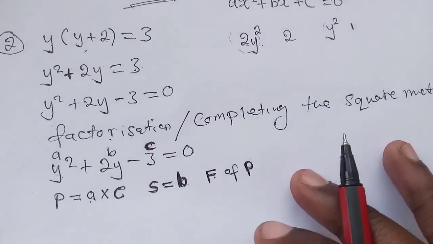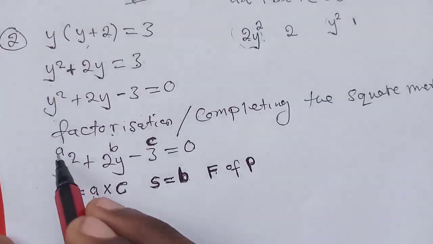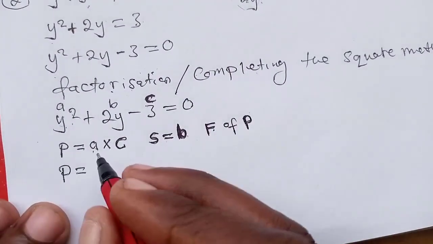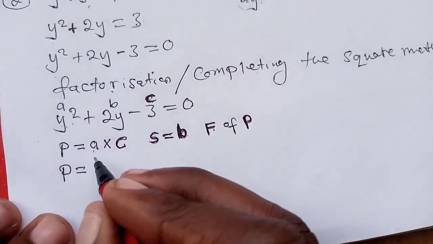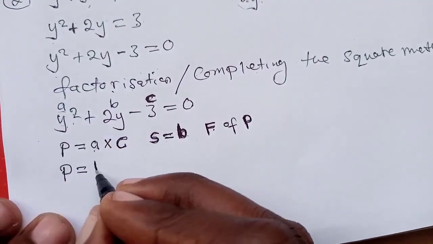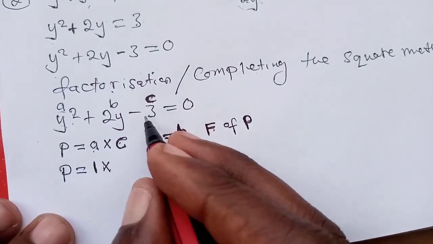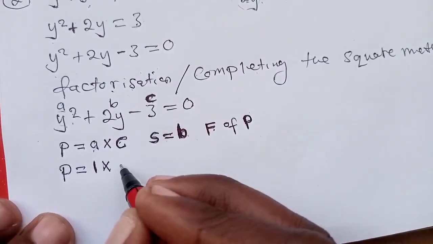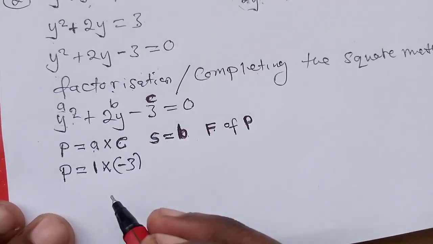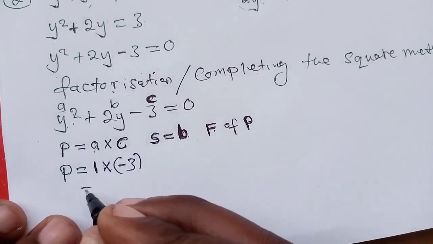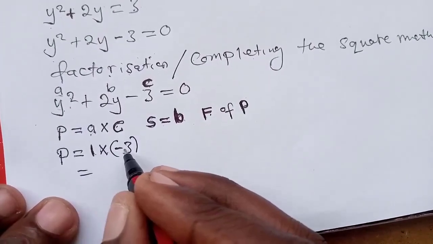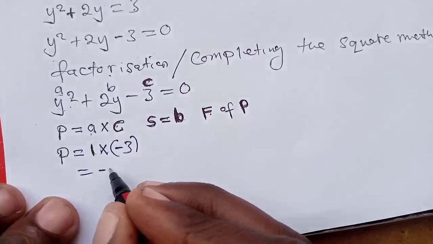So when we come here, we're trying to find the product. The coefficient of y squared is 1, so a is 1 multiplied by c, which is -3. 1 times -3 is going to give you -3.